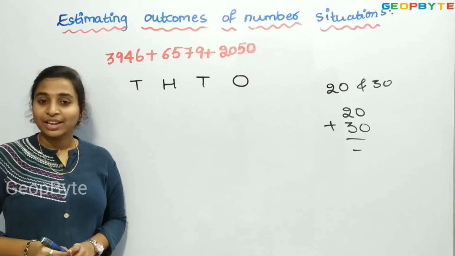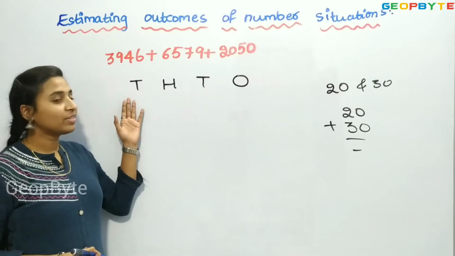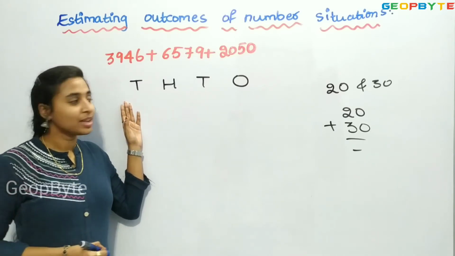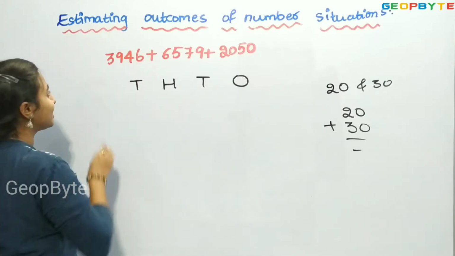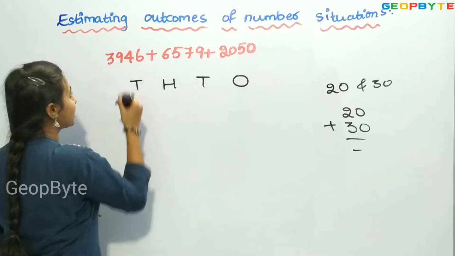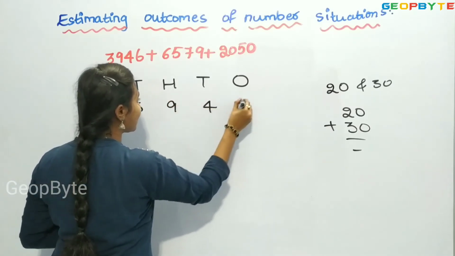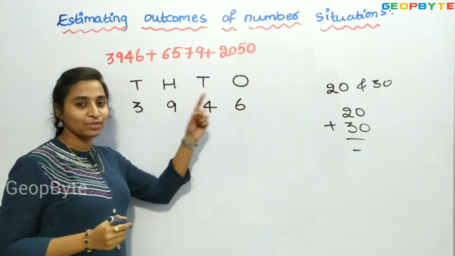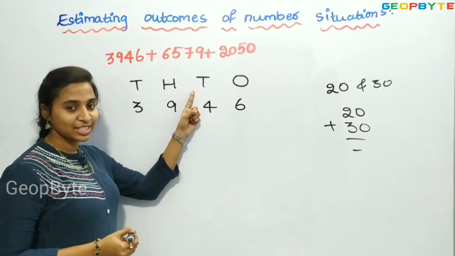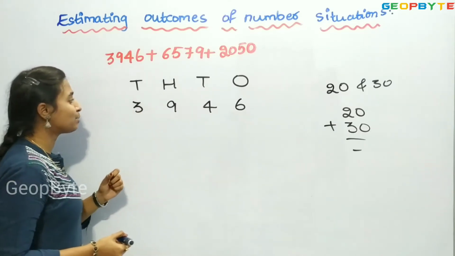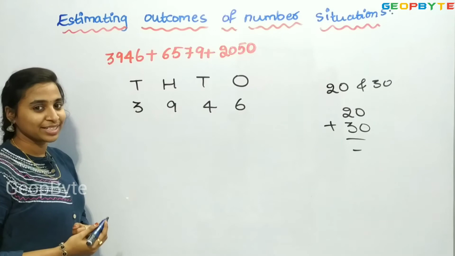As you know, if we have 4 digits, we will have up to thousands. Now, let us write these 3 numbers. 3,946: 6 is in ones place, 4 is in tens place, 9 is in hundreds place, 3 is in thousands place.